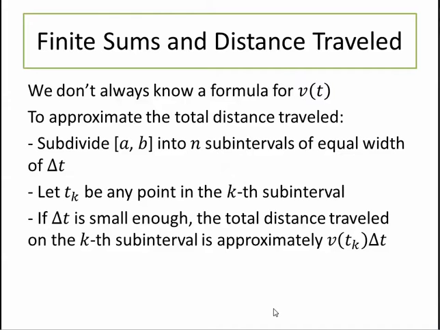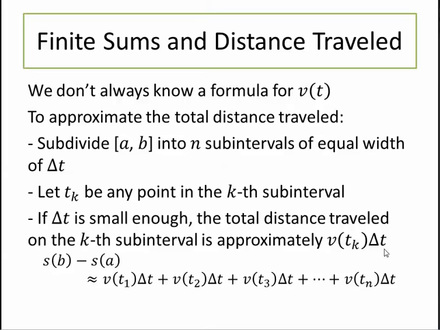So we could say, okay, the velocity on that time interval is the velocity at time t sub k, and I know the total distance traveled on that time interval is approximately going to be equal to the velocity there, v of t sub k, times how wide my interval is, which is delta t. Now, if I want to figure out my total distance traveled, I just add up the approximations of the distance traveled on each subinterval.